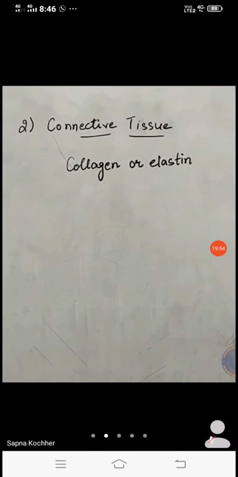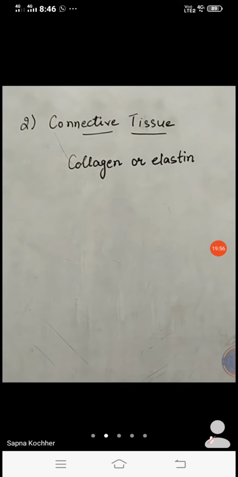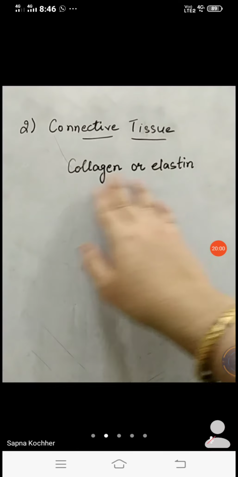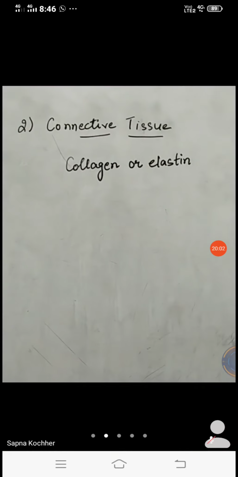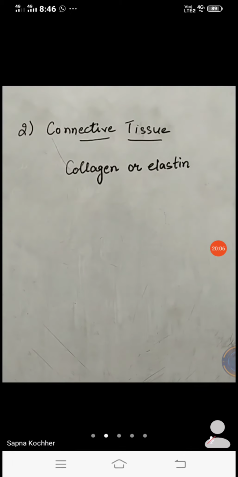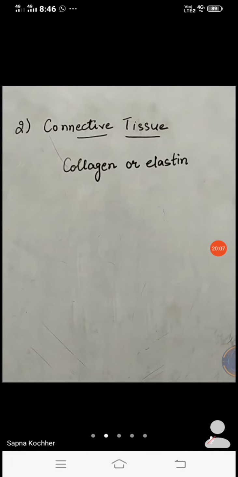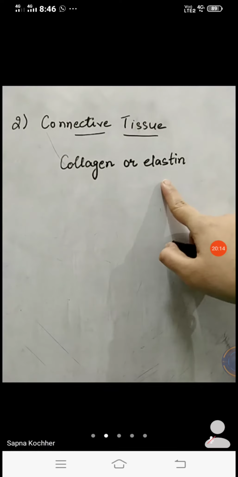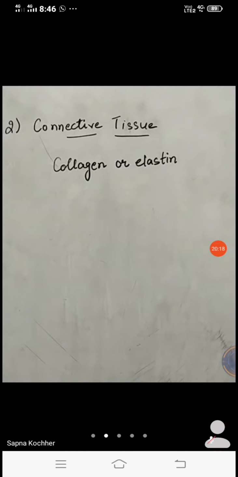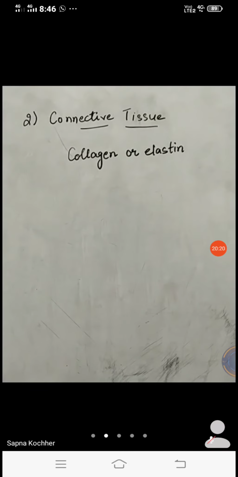They have cells that secrete these types of fibers, made up of these specialized proteins called collagen or elastin. So except blood, in all the other types of tissues, the cells will be secreting fibers made up of these specialized proteins, that is collagen or elastin.